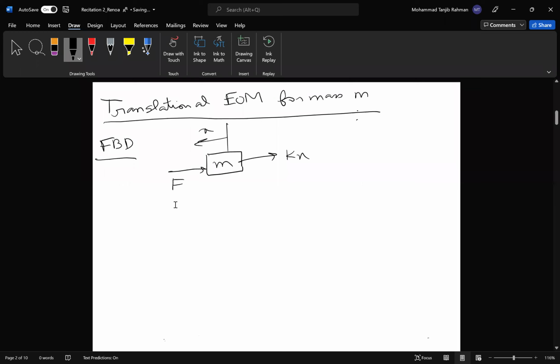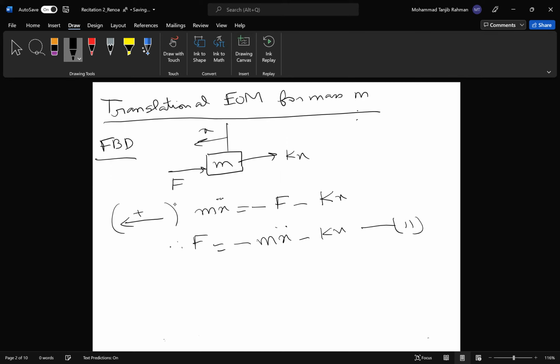So now if I want to write the equation of motion, and I'm taking this direction as positive, I can write m x double dot equal to minus F minus kx. So F will be equivalent to minus m x double dot minus kx. This is our equation 2.